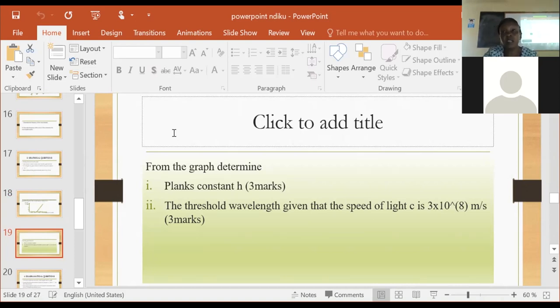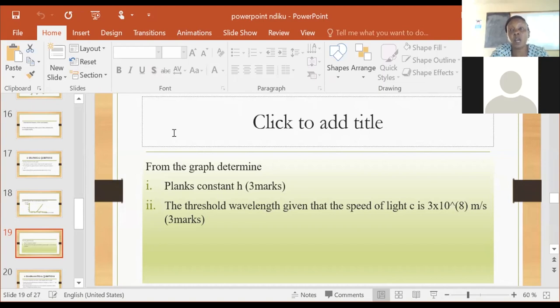We make kinetic energy the subject of the formula so that you can compare it with our equation. So kinetic energy will be equal to hf over e minus hf naught over e, that is the work function over e. Because the graph is plotted of kinetic energy against frequency, the gradient is h over e.